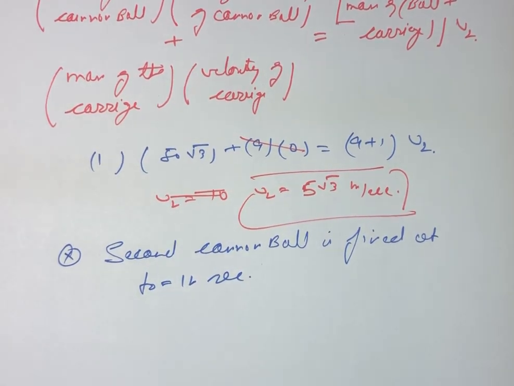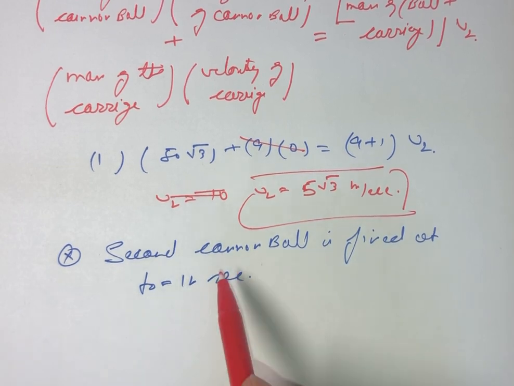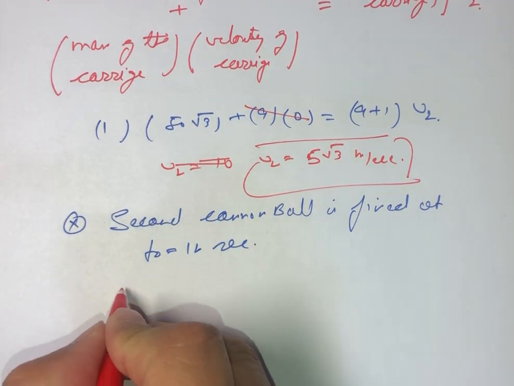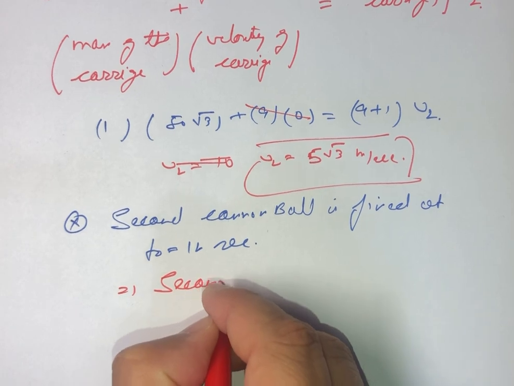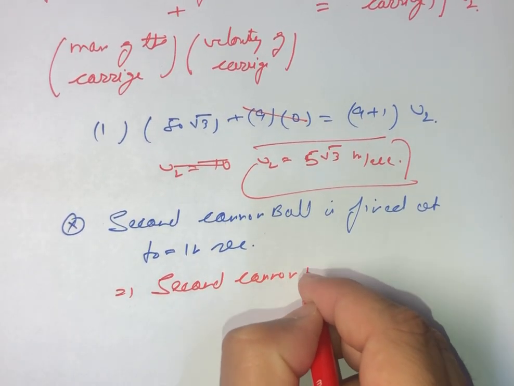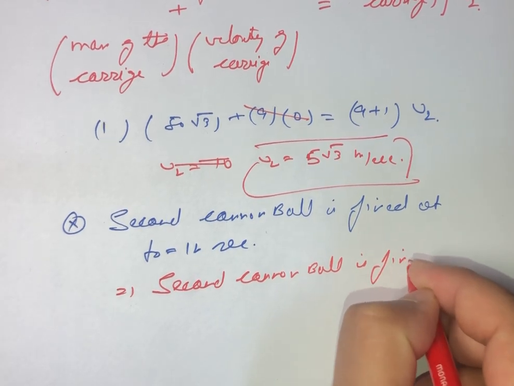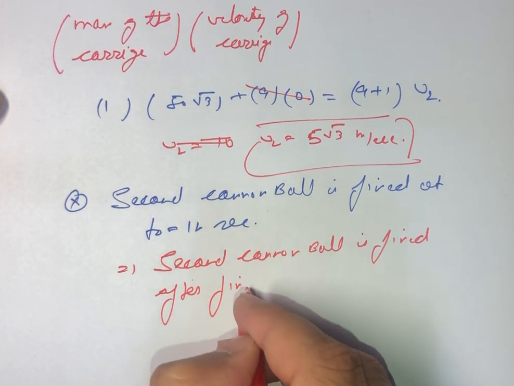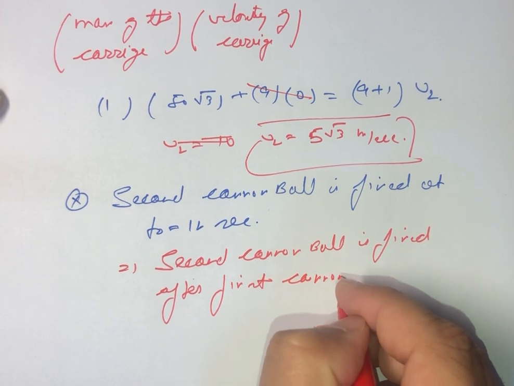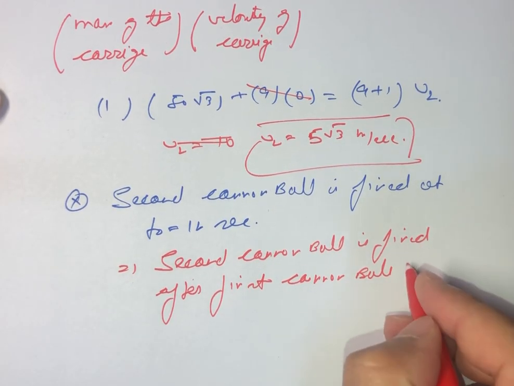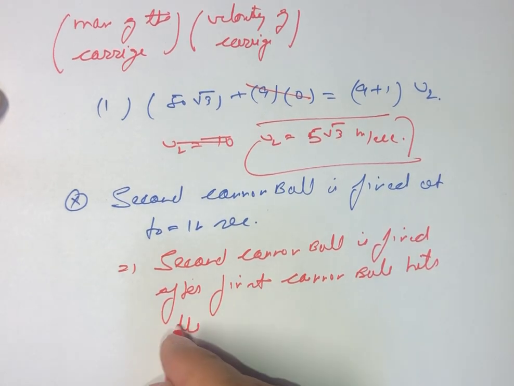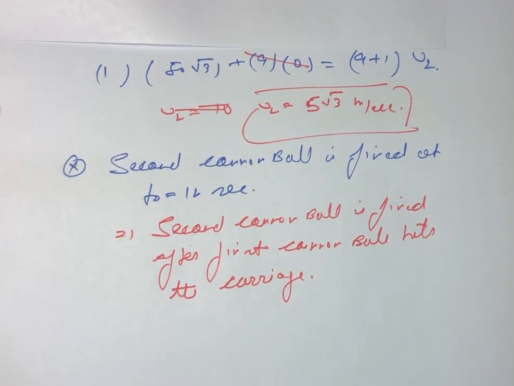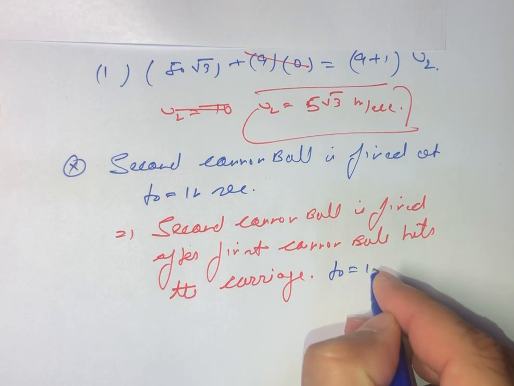So basically we can say from here that the second cannonball is fired as soon as the first cannonball hits the carriage. So in this case also we can say t naught is equal to 12 seconds.